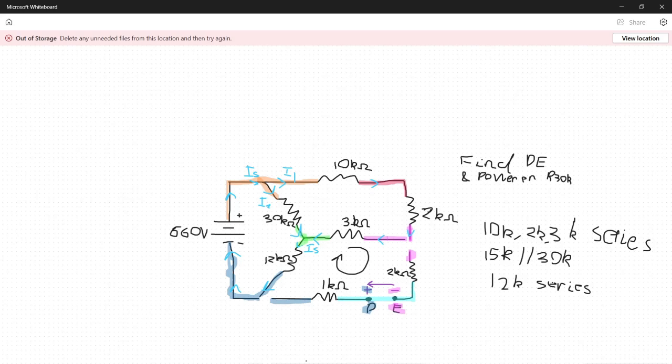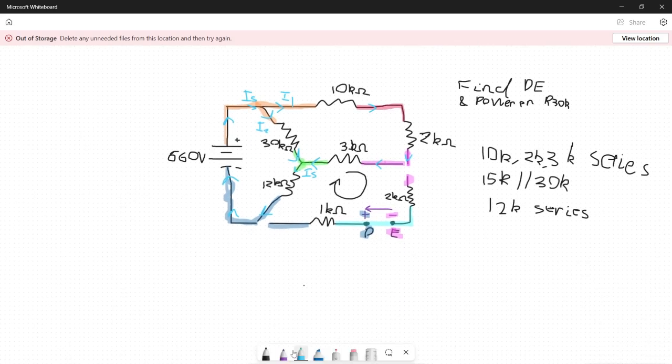Well, the voltage in the 12 kilo ohm, so I'm going to call this V12K. Voltage in the 12 kilo ohm is going to equal the total current, since that's what's flowing through it, times 12 kilo ohms, because that's its resistance. So that's how we would calculate that.